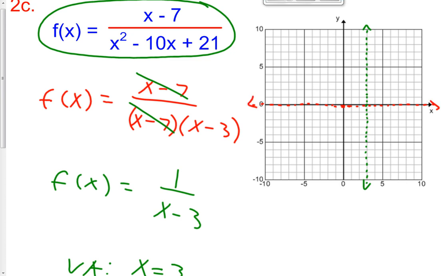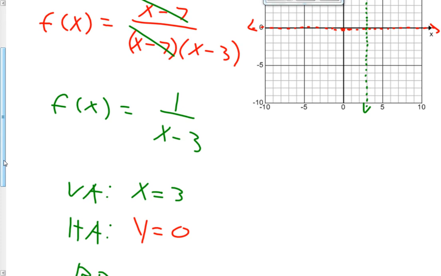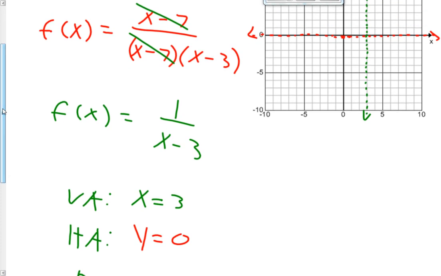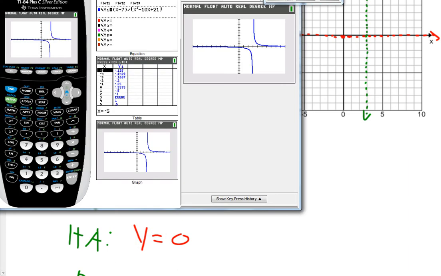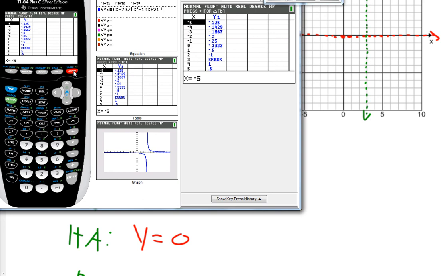So there's your asymptotes. Now what you're going to do, class, is graph 2 points to the right of your vertical asymptote and 2 points to the left of your vertical asymptote. So go to where the hole is, or the asymptote is, which is x equals 3 on your table. And here are the 2 points that you're going to plot to the right of your vertical asymptote.